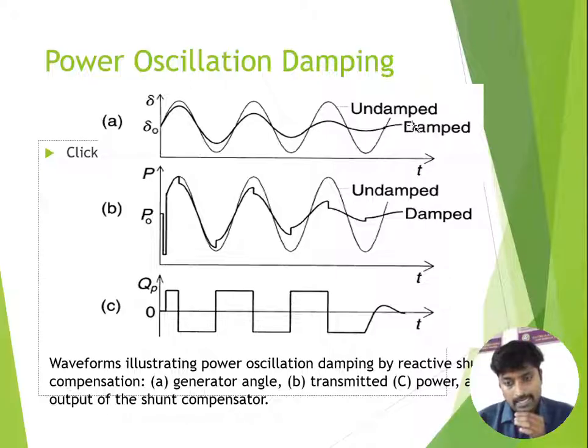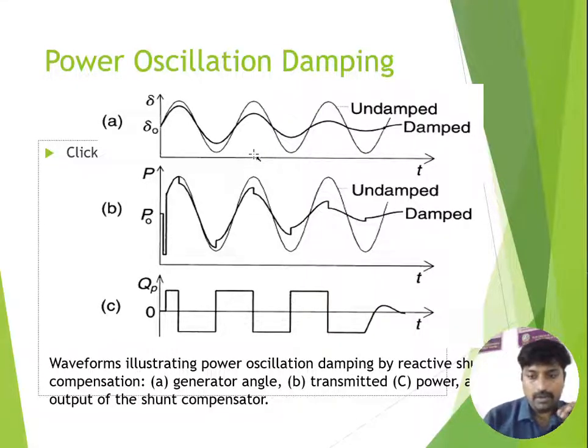If delta settles, the load angle settles, and automatically the power also settles. Then you can reduce the compensating magnitude also. It comes to zero in the next cycle. So that's why FACTS devices indirectly help to reduce the power oscillations, that is nothing but damping the power oscillations. So these two are the advantages. These are the four objectives.